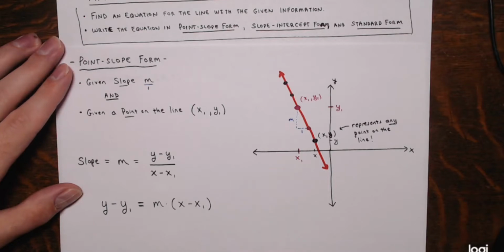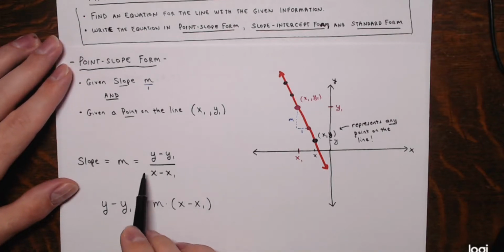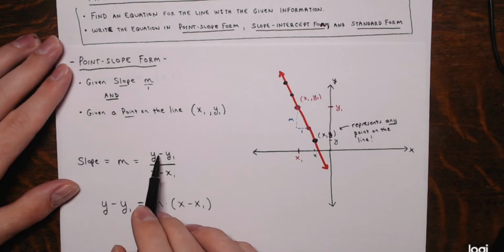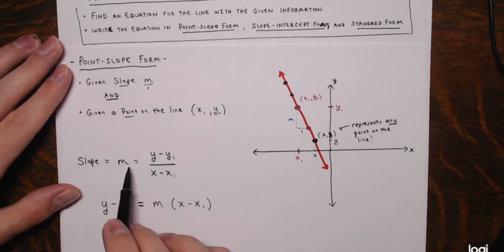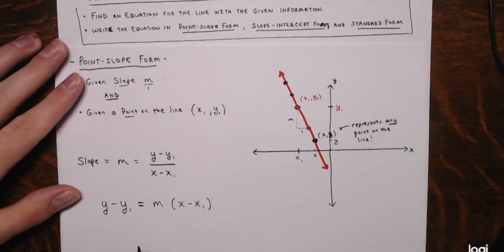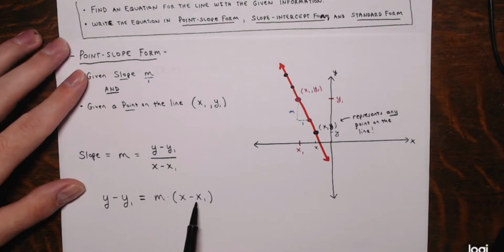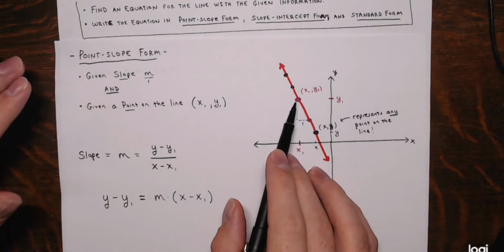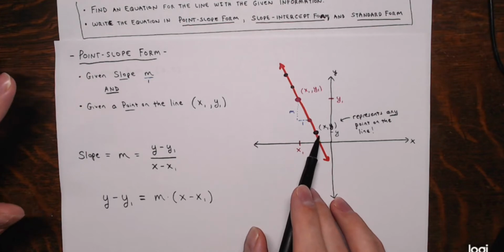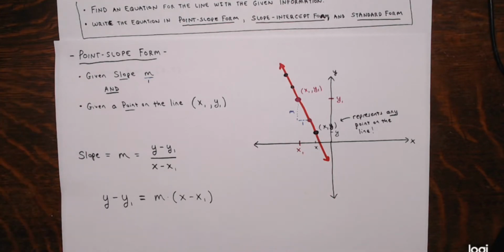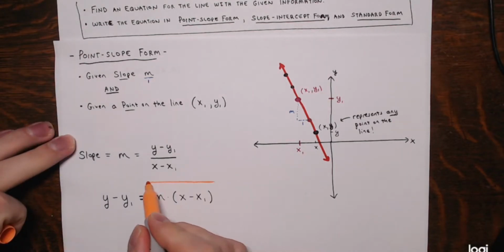So it just took the slope formula, slope equals change in y over change in x, and then multiplied both sides by the change in x. So you have the change in y equals the slope times the change in x, again between a point that you know and any other unknown point on the line. And this is called the point slope form of a line.